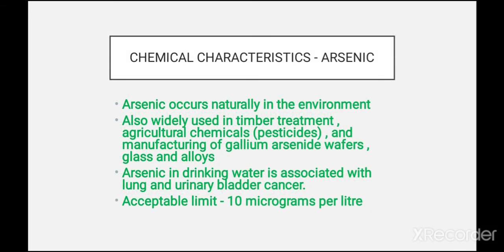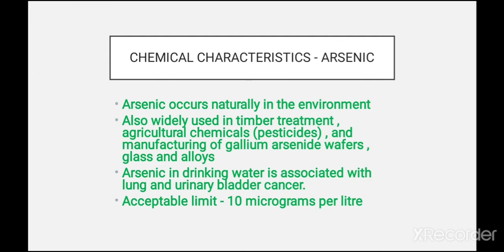Arsenic. Arsenic may occur naturally in the environment. It is also widely used in timber treatment and agricultural chemicals. That means from pesticides, the domestic water may get affected with excess arsenic, or it can be from industrial sources, as arsenic is used for many industrial purposes.